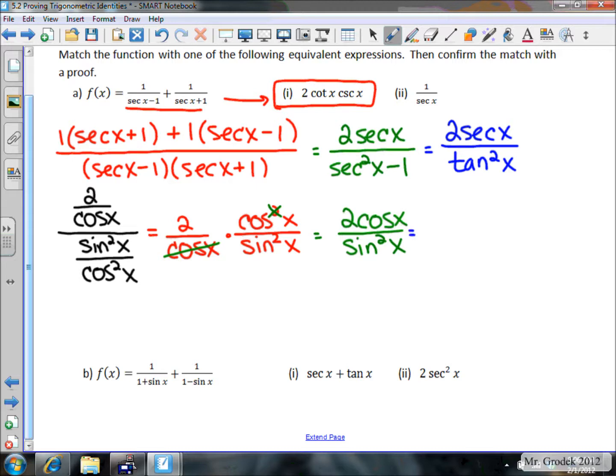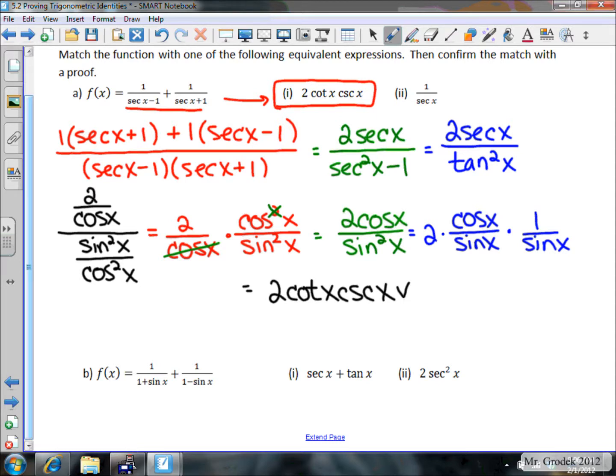We can make this 2 times cosine of x over sine of x times 1 over sine of x. If you multiply all those fractions together, you would get 2 cotangent x cosecant of x, which is what we need to strive for.